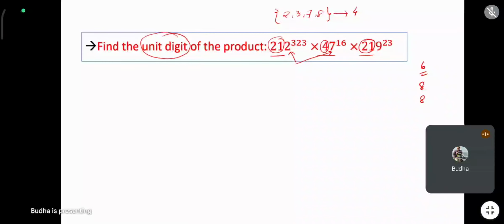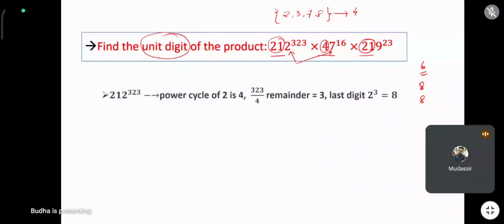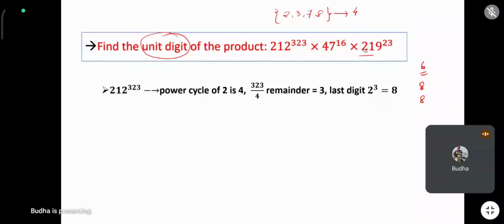Okay. First answer 8. Mudassir, how much you got? Mudassir, you there? What's your answer? Yes, sir. 8. Okay. First answer is... Look at this. We are following the same protocol.